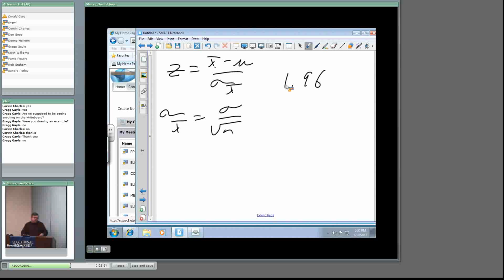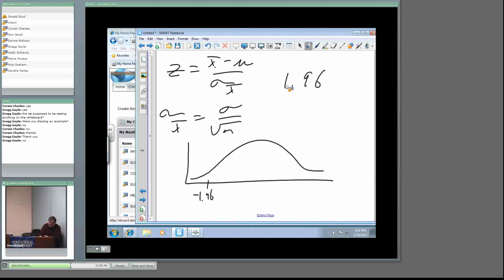So, if I've got my normal curve again, and I'll examine where plus or minus 1.96 is, and my rare areas are on those two tails, the left tail and the right tail, and as I calculated a minute ago, my z was 3. That 3 is above 1.96. That's in the shaded or the rare area. So that's enough of a difference to say that probably is a real difference.